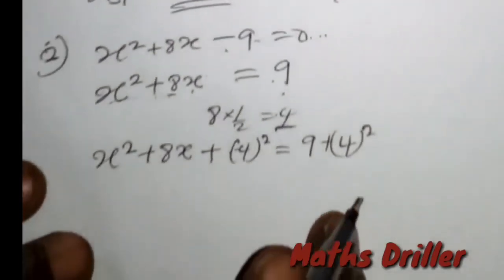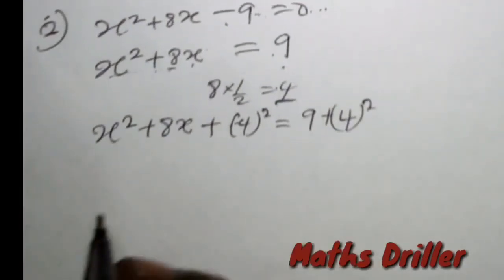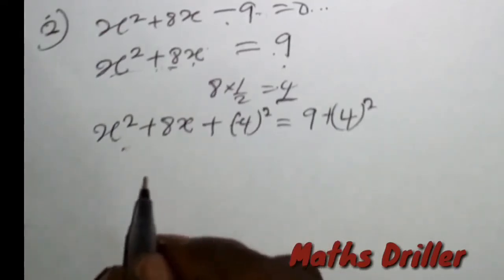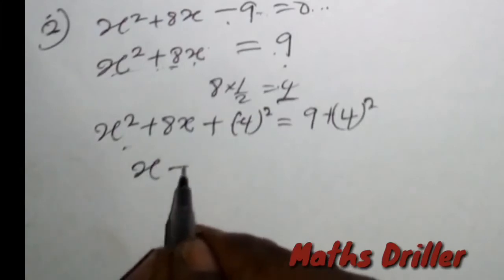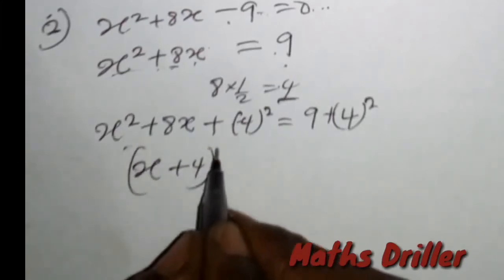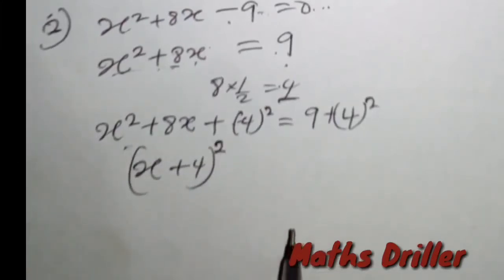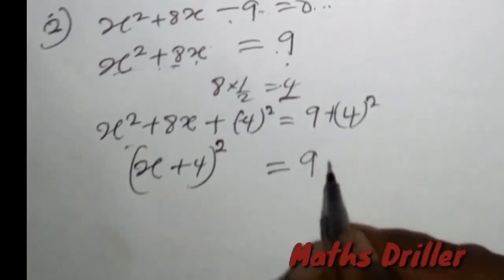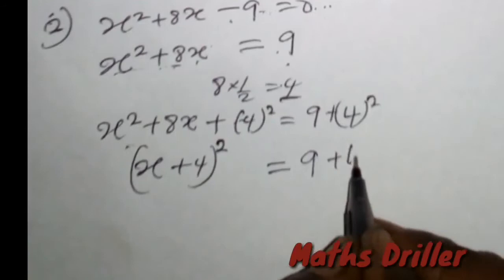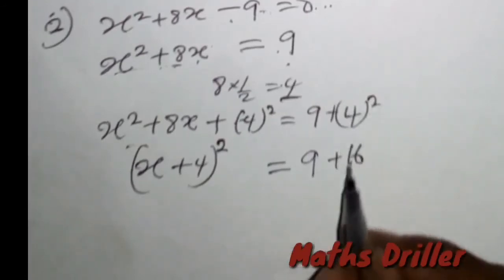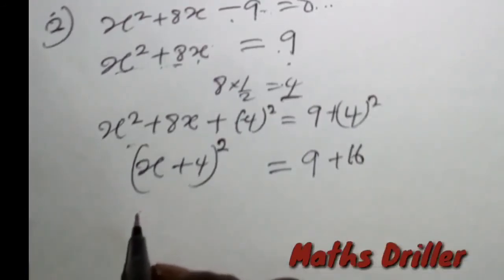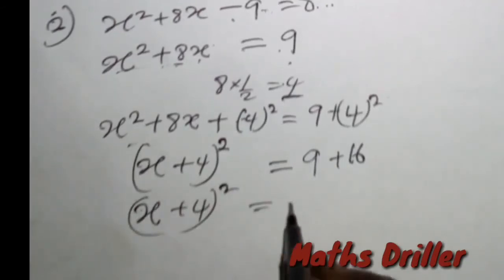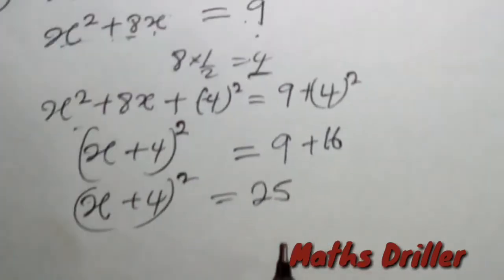Next, what we are going to do is to compress this expression, and we have x plus 4 squared. This is equal to 9 plus 16, because 4 squared is 16. Therefore we have x plus 4 squared is equal to 25.